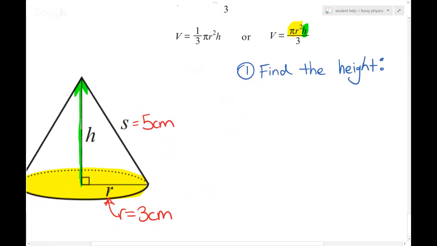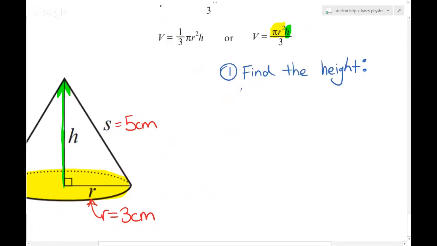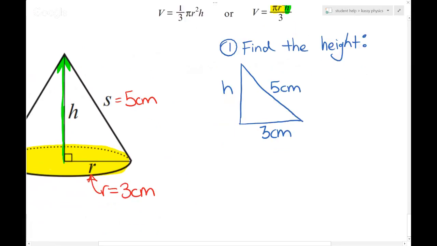If we look, we actually get a triangle here. I'm going to ignore the rest of the question for now. All we're interested in is finding this height. What we know is this side is 5 centimeters, and this base is 3 centimeters, because that's the radius of the circle, and that's the slant height they gave us.